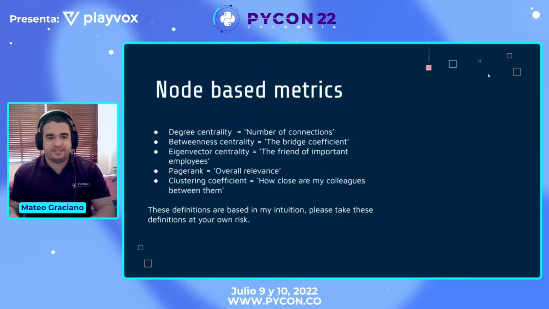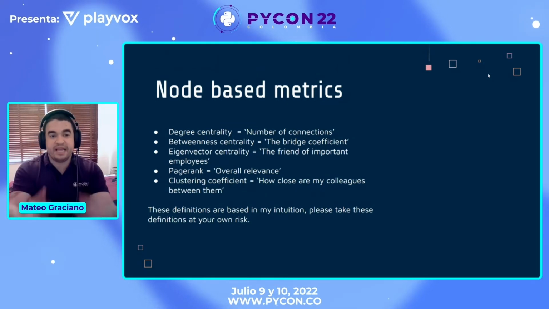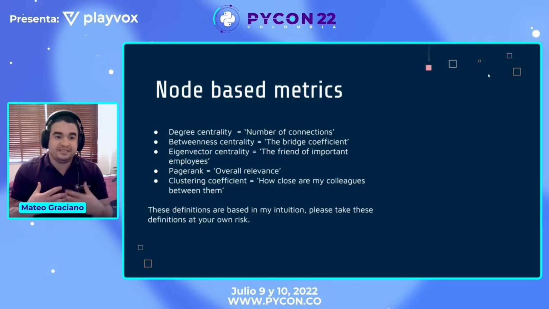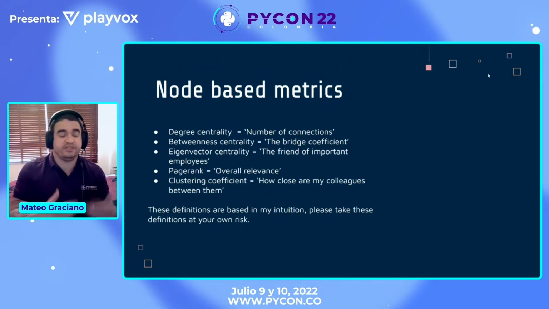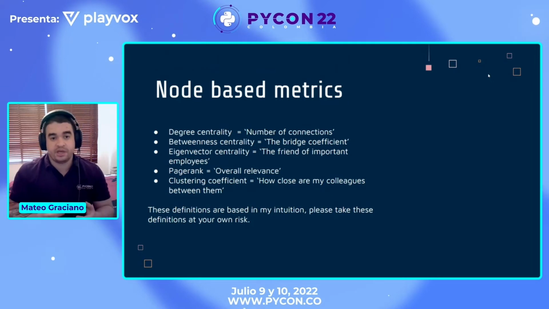So what I'm going to tell you is my intuition. Please take the definitions at your own risk, and if they make sense to you. Basically, the degree centrality of a node is the number of connections. That's pretty simple. It's not an interpretation.